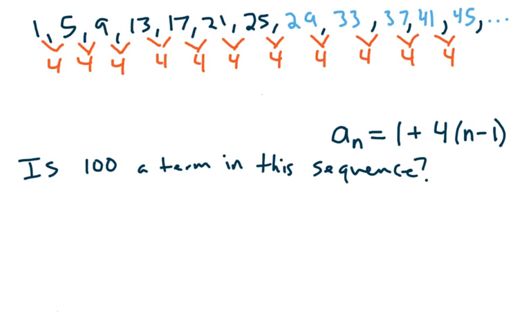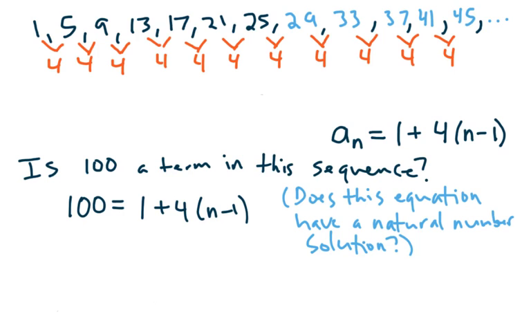So if 100 is a term in the sequence, that means that I can say a sub n is 100. And a sub n in this sequence has the formula 1 plus 4 times n minus 1. If 100 is a term in the sequence, then this equation will have a natural number for a solution. So let's solve it and find out.